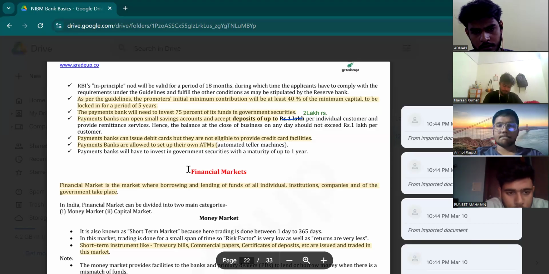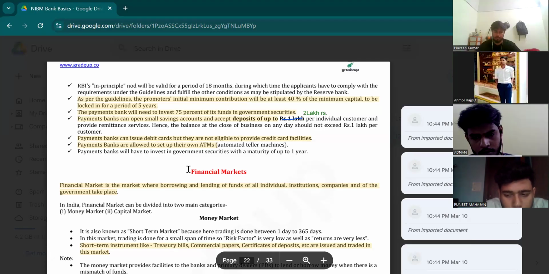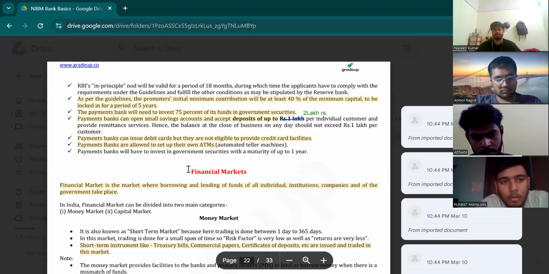Then you clear some eligibility criteria and become a small finance bank. After being a small finance bank for 3-4 years, with adequate capital and a good record, meaning a low NPA ratio, you meet the criteria for a commercial bank. So this is step by step, and it doesn't happen in one day.